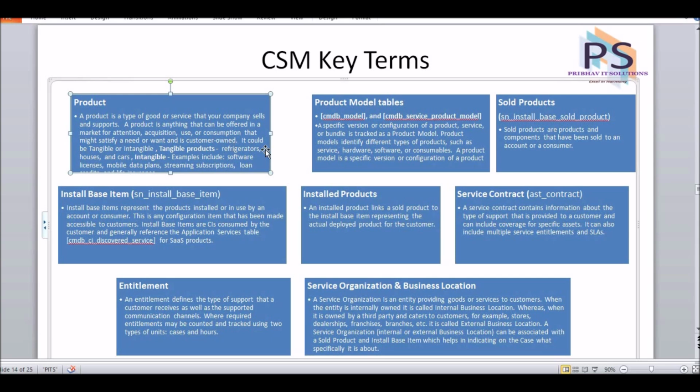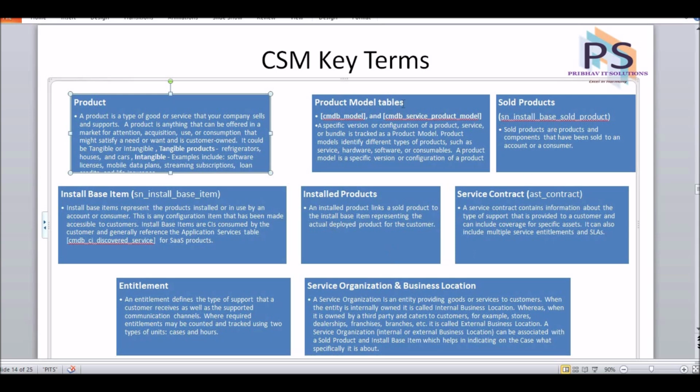Refrigerators, houses, cars are tangible products. We can physically touch them, right? Intangible products are services like our DTH services, broadband services, data plans, Amazon subscription, Netflix subscription. All these are intangible services, but these are also products. We also have a contract, and we also have the entitlements and all other related entities here.